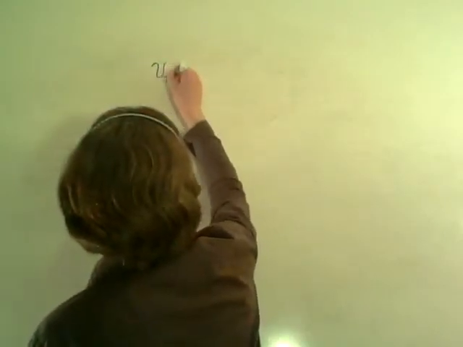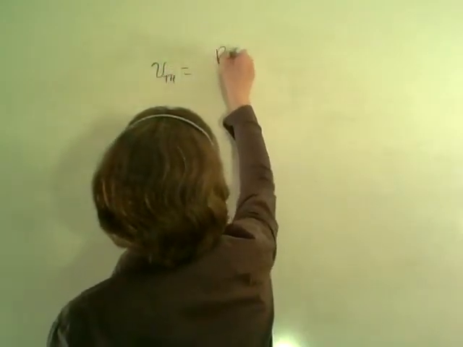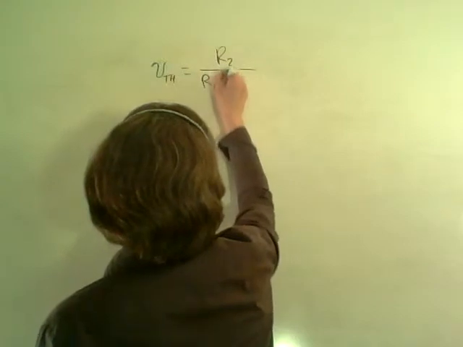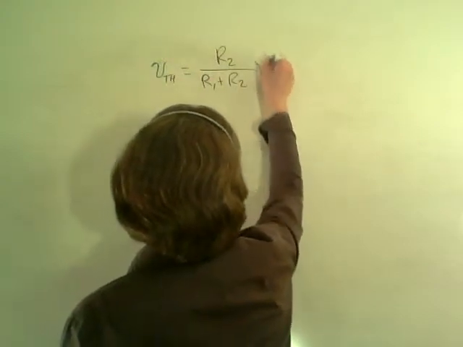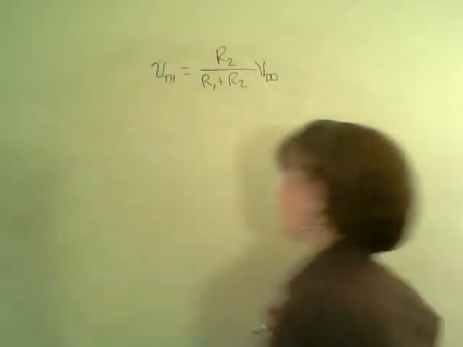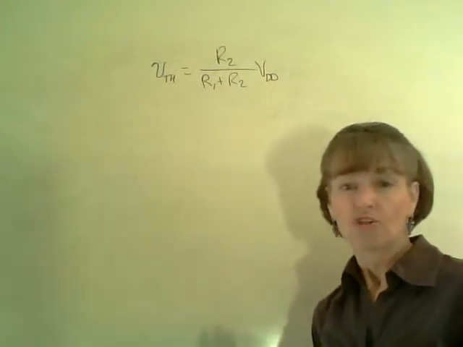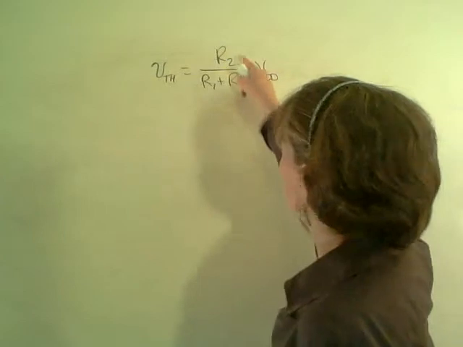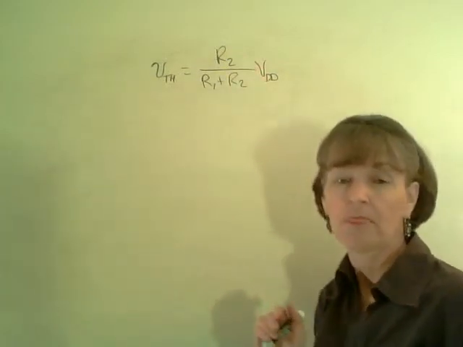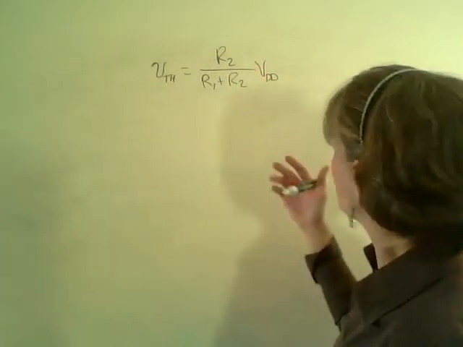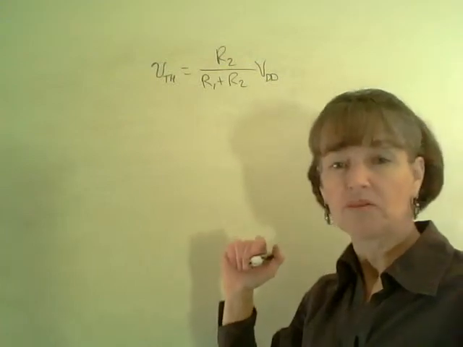All right, last formula, VTH equals R2 over R1 plus R2 times VDD. All right, in this formula we're going to solve for R2. Notice that R2 appears twice in the formula. Okay, first thing I'm going to do, multiply both sides by my denominator.